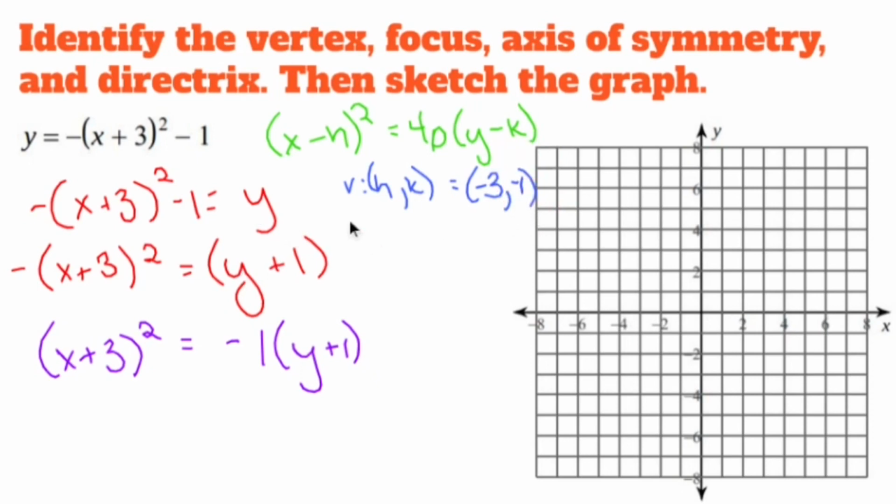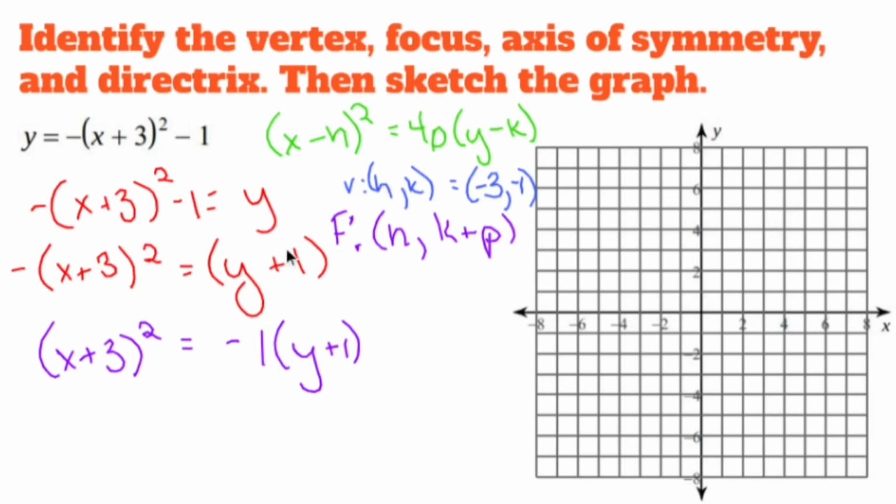Let's get a different color. My focus is found by taking h and then k plus p. You might be thinking, what's p? I still have to figure that out. In front of the parentheses here, I have 4p, and this is negative 1.